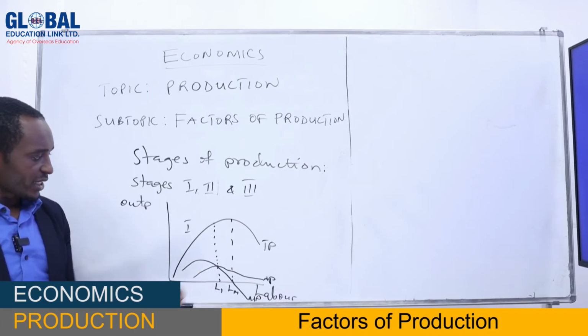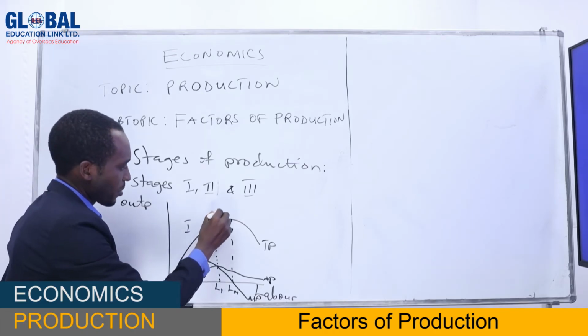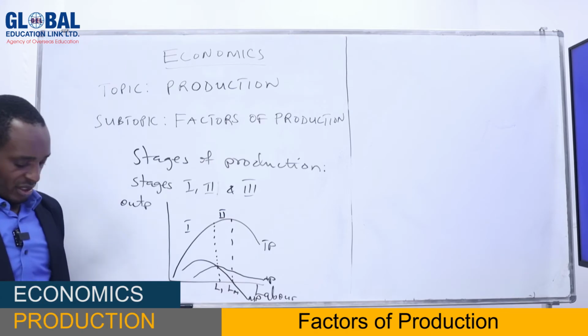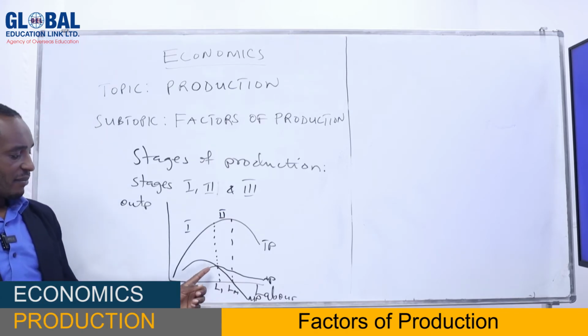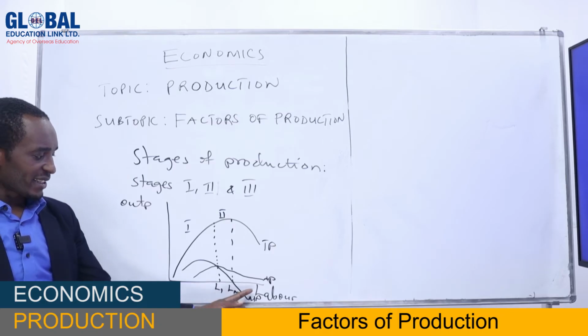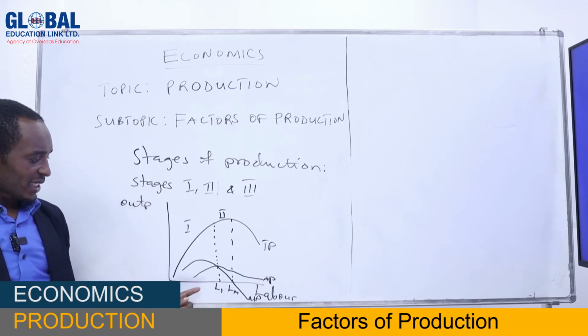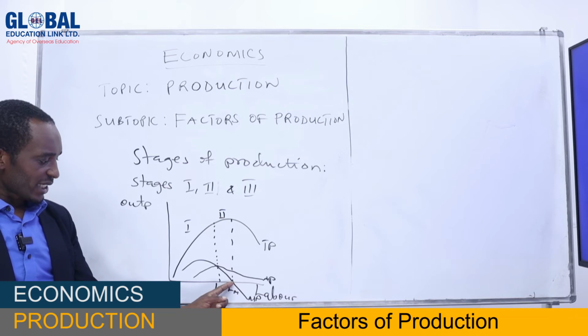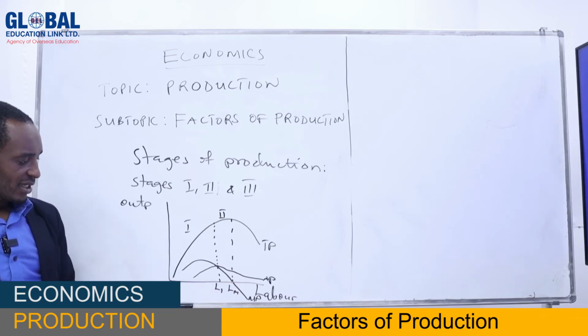So stage 2 starts when the average product is at a maximum, or when the marginal product intersects with the average product, up to when the marginal product is equal to 0.